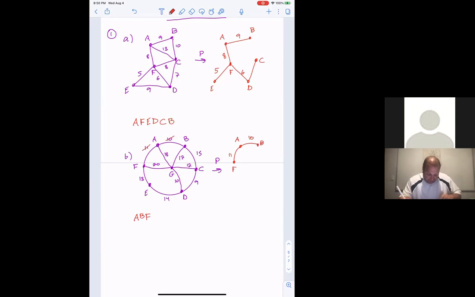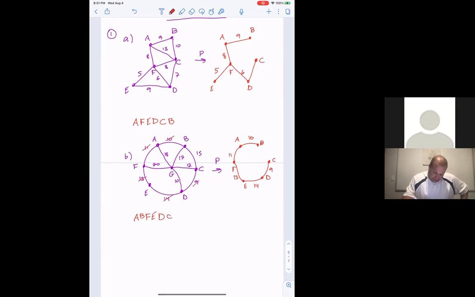So let's see, from F we got a 13, which I think takes the cake. So F is now going to go to E with 13. And I have a 14 that comes out of E to D. So we got 14. Oh, I got a 9, which goes to C. Didn't have that before.